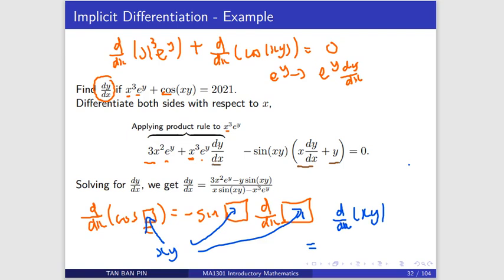So you can actually shift around. You keep the 3x squared term e^y, and then you expand this out: negative sine xy, dy/dx, minus y. Let me erase this. I missed out x here, sorry. So when you multiply out, there's an x here.